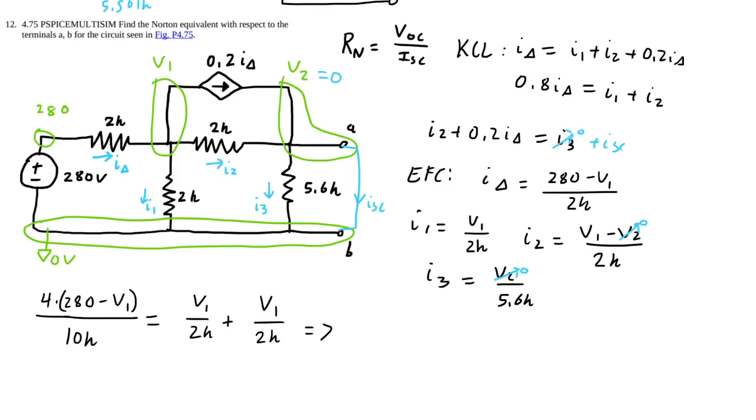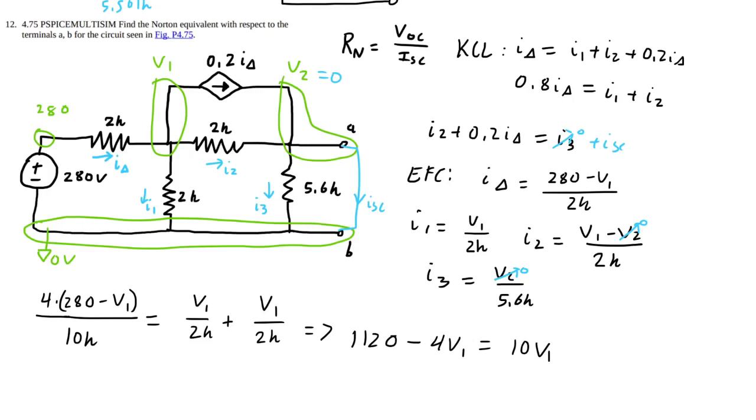Yeah. So 4 times 280 is 1120. So 1120 minus 4V1 equals 10V1, because 5V1 plus 5V1.